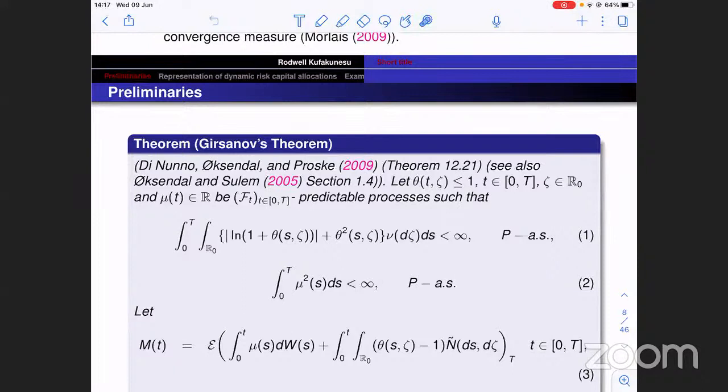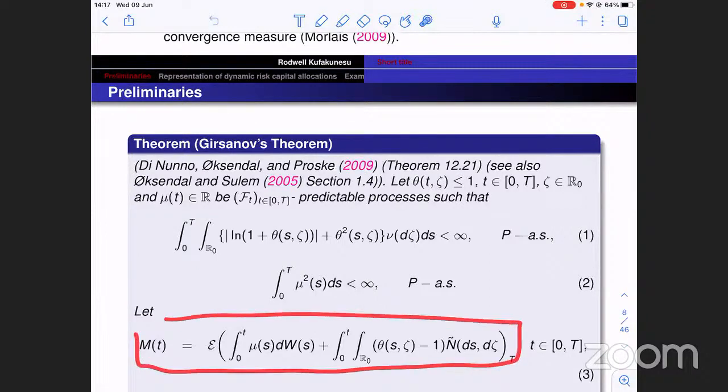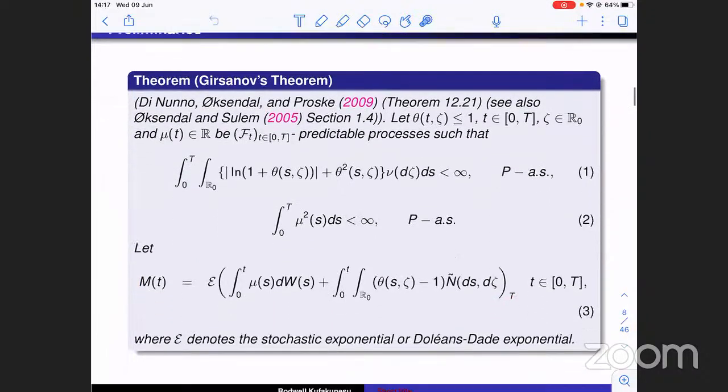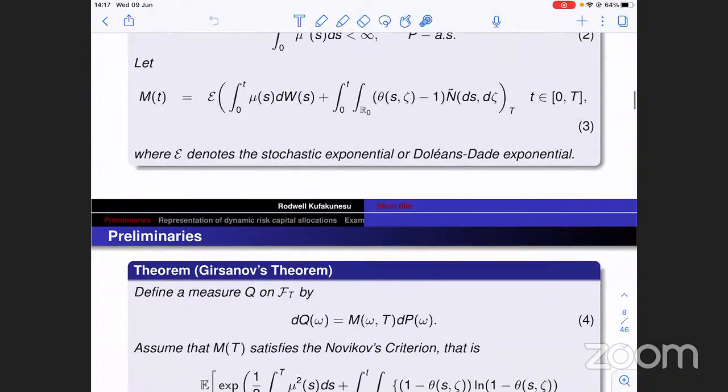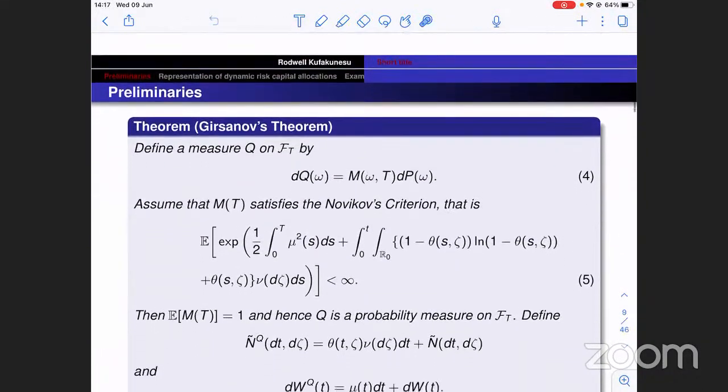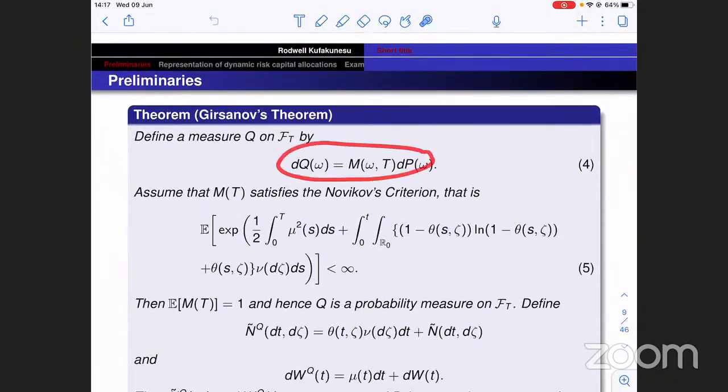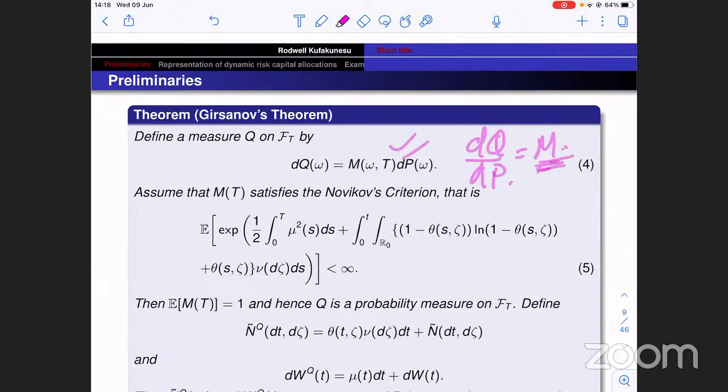But when you go to jump diffusion, we have it represented in this manner, where it continues to be related this way. At times it appears as dQ/dP like this, with some density process.